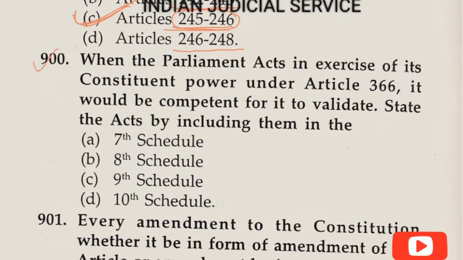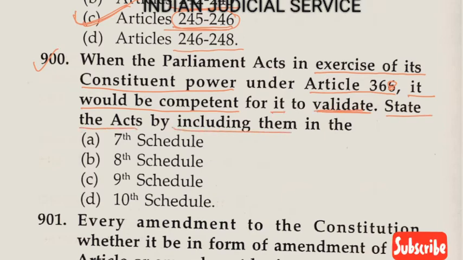Question number 900. When Parliament acts in exercise of its constituent power under Article 368, it would be competent for it to validate the state acts by including them in the: option A, 7th Schedule; option B, 8th Schedule; option C, 9th Schedule; option D, 10th Schedule.